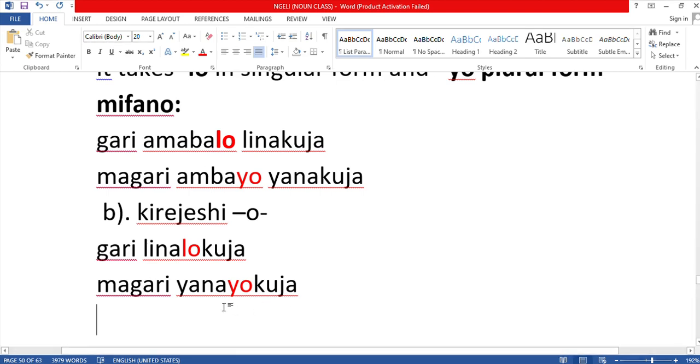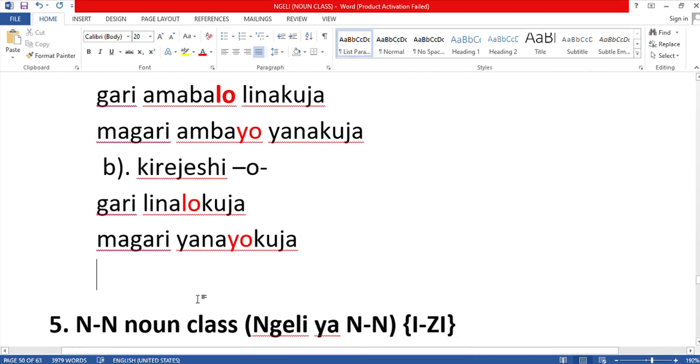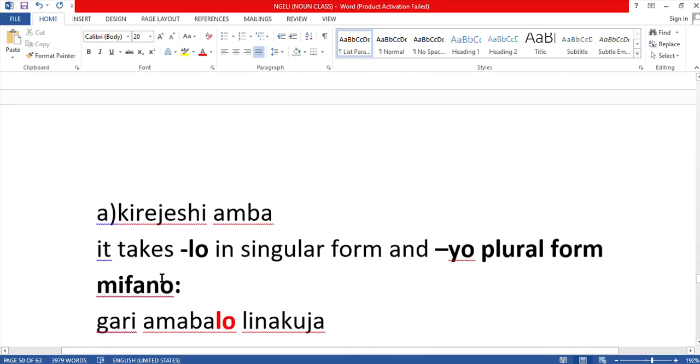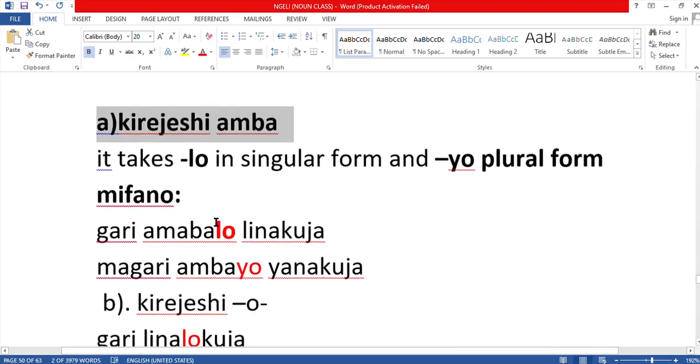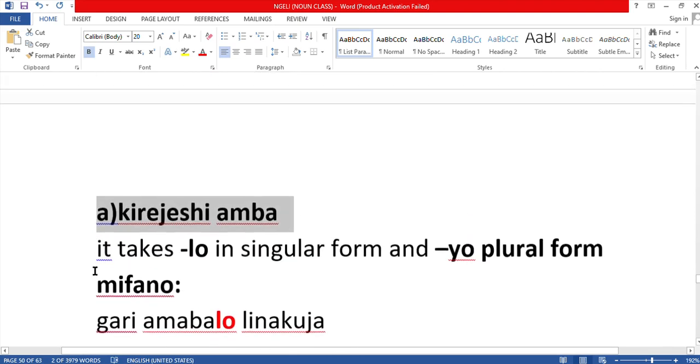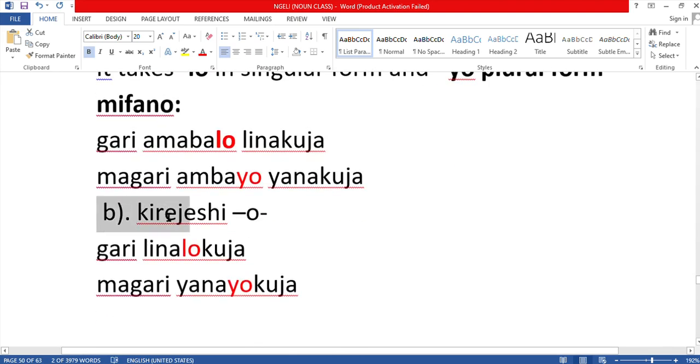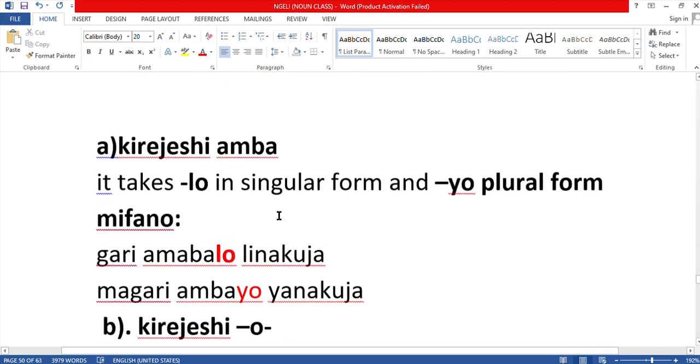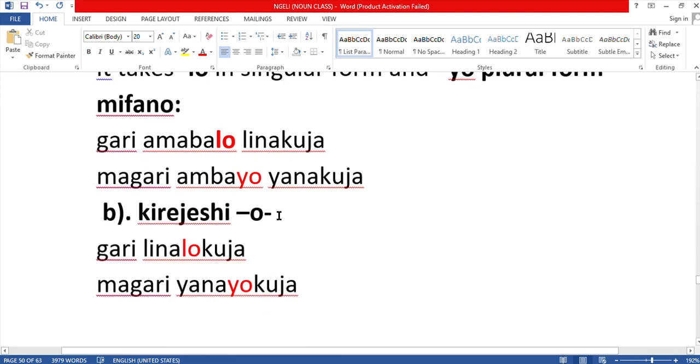So we will use this example for this kirejeshi amba and for kirejeshi o. Remember, this one is correct, and this one is also correct. So you just have to choose which one you use. When you're using this one, you don't use these ones.